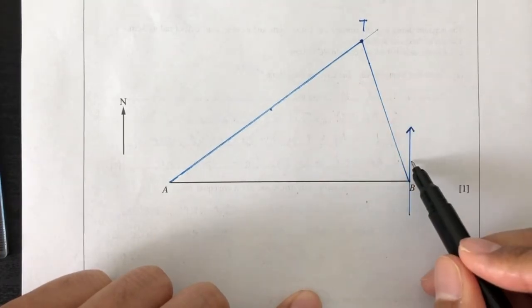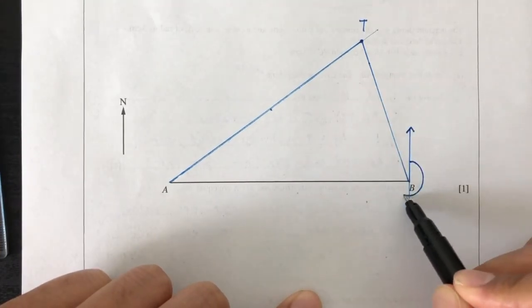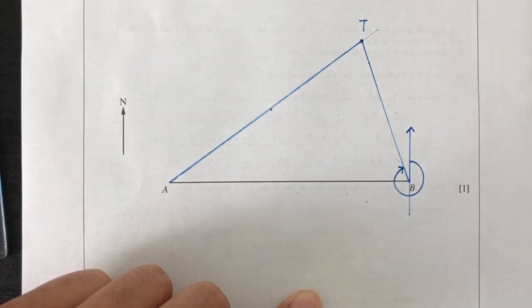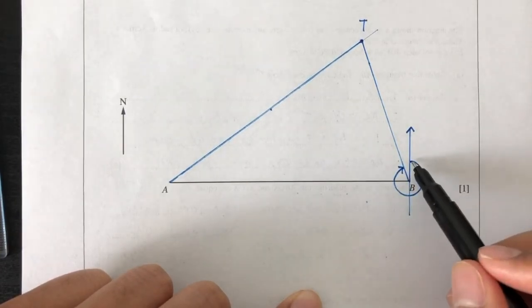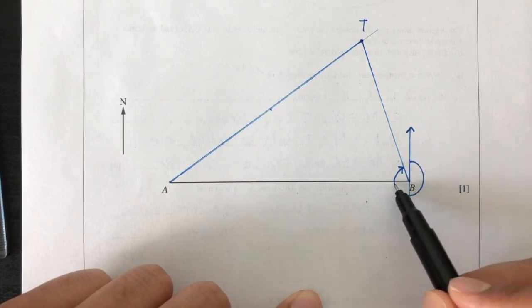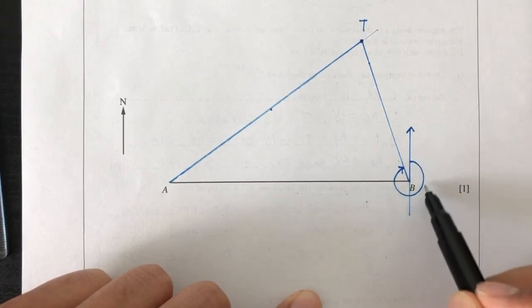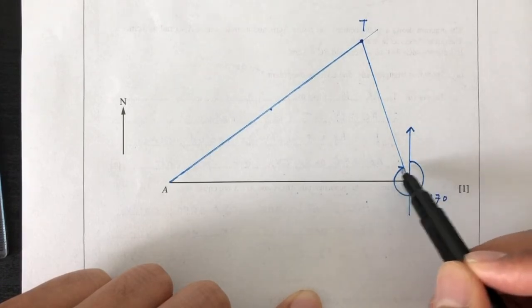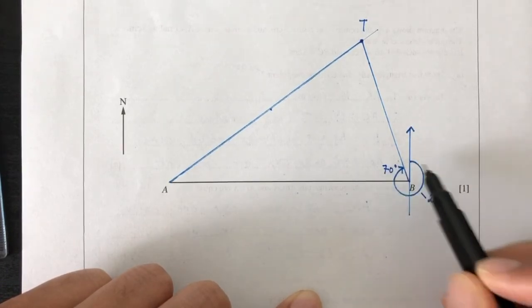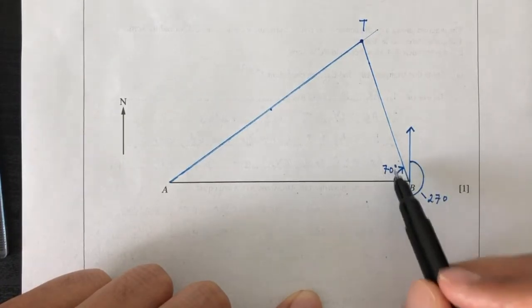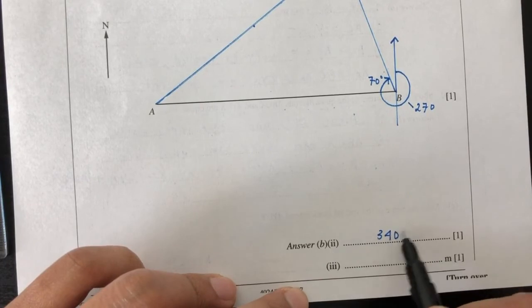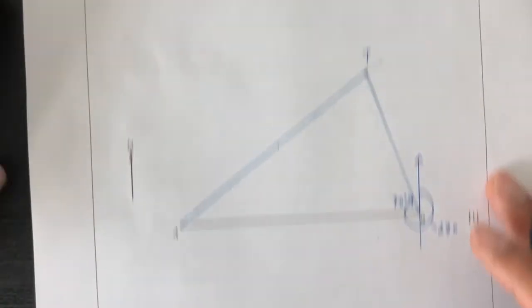So you have to find this angle. So this is 180. This is 90. So this one is 270. This big one is 270. As we know, this angle here is 70. So this big angle here will be 70 plus 270. That will be 340. Okay, that is part 2.